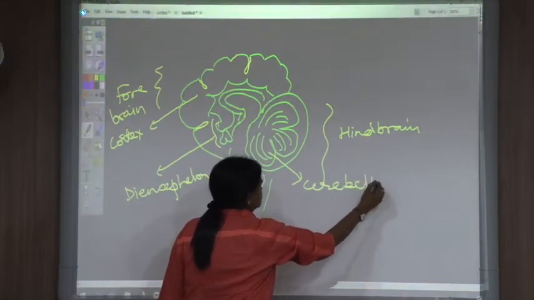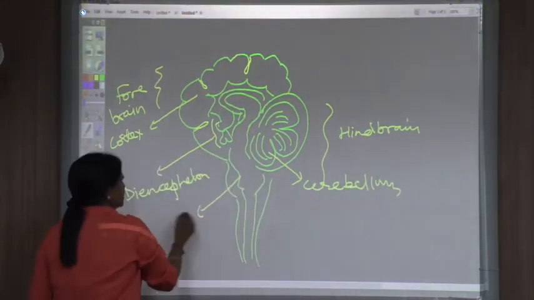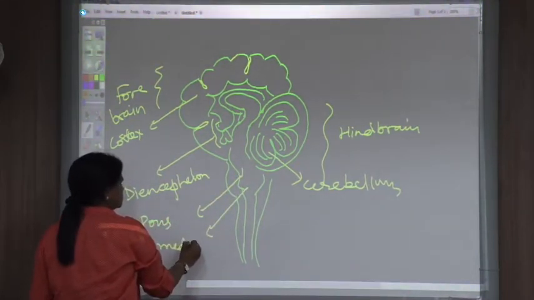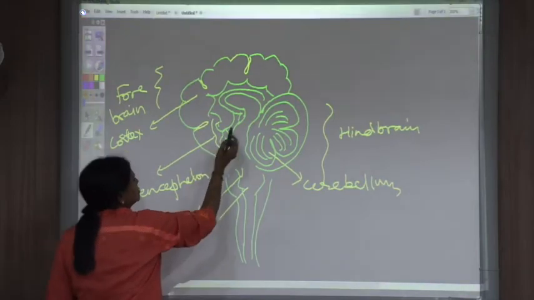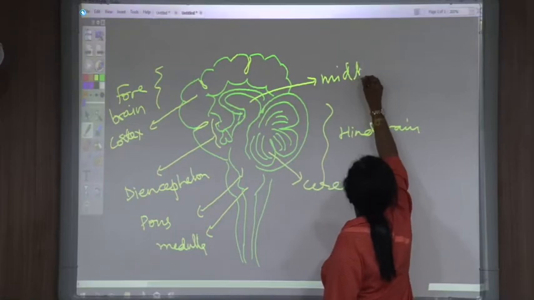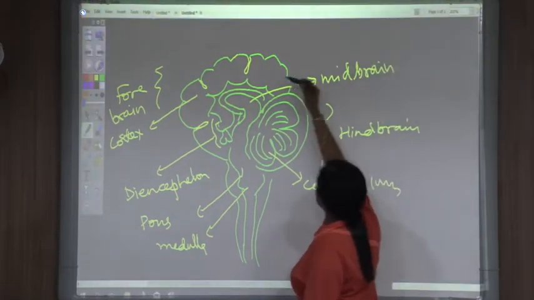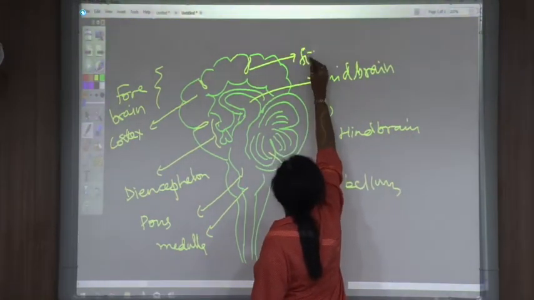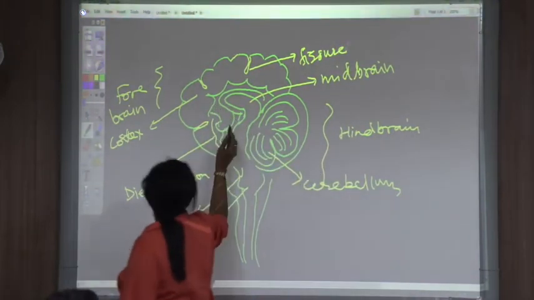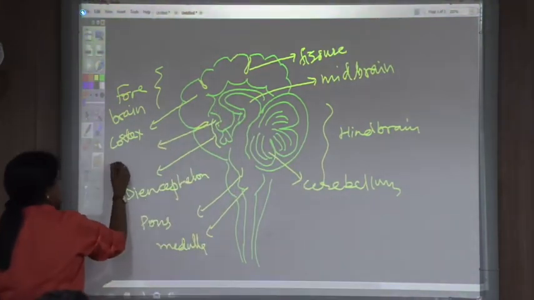This is the cerebellum or the little brain at the back side of our brain, pons and medulla oblongata. Now these are the cranial nerves in section that constitute the midbrain. These are fissures that divide the forebrain into parts.